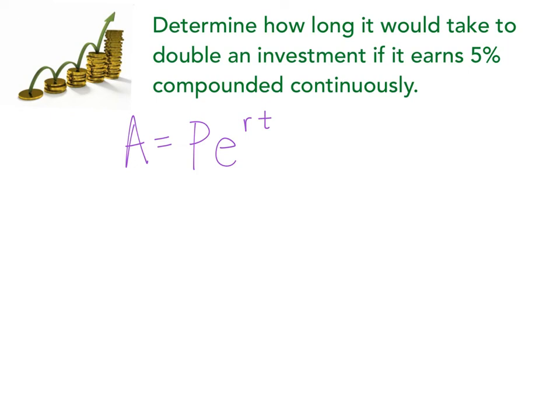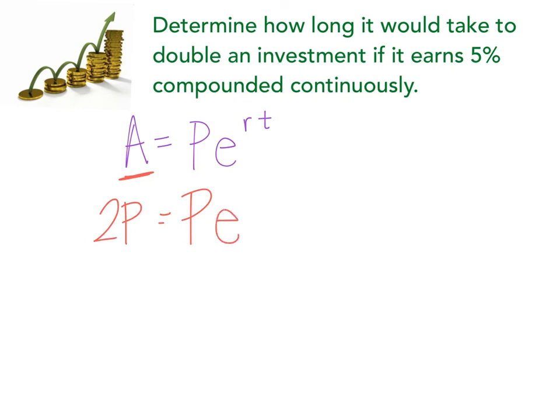And I don't actually need to know the amount of money I'm working with either in the A or the P part. So what I do know is that I want to double my initial investment. So if my principal, which is my initial investment, is P, then that means that this A is going to be twice that, or 2P.